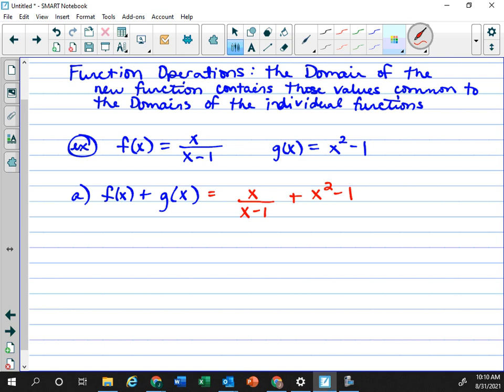And how do I add those together? What do I need? How do I add fractions, guys? Common denominator. Remember this x squared minus 1, that's over 1. So my common denominator is x minus 1. That means I have to take this numerator and denominator times x minus 1.